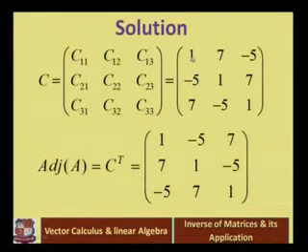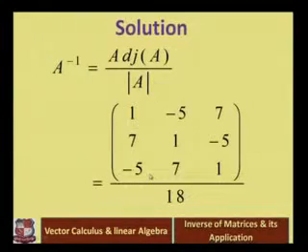The first row of the cofactor matrix is 1 7 minus 5, and the transpose of that first row is 1 7 minus 5, and the transpose of the second row minus 5 1 7, that is minus 5 1 7, and the third row 7 minus 5 1. After transpose, the entries become 7 minus 5 1 in the column. This is the adjoint of the matrix A.